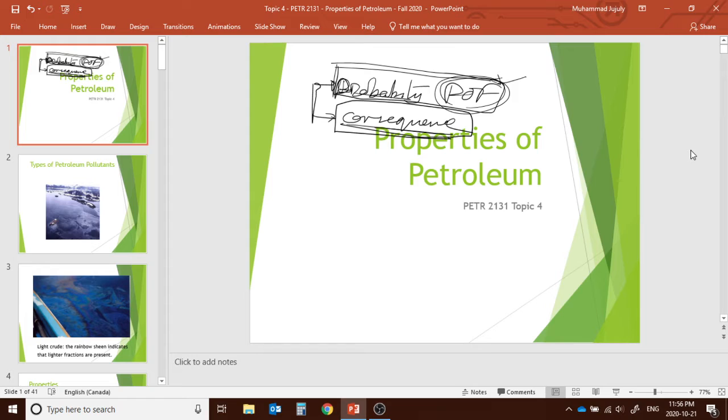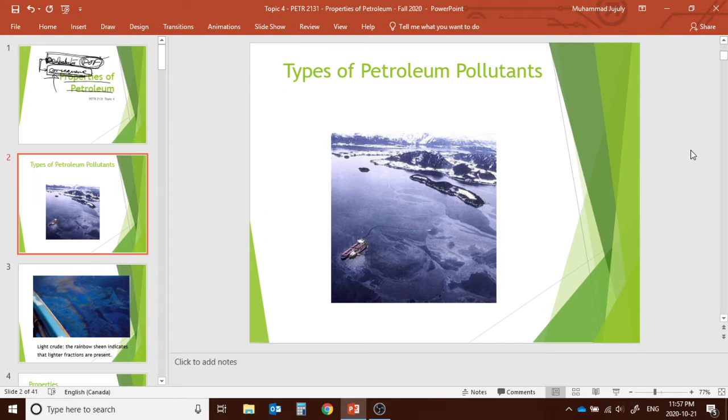But the consequence is what happens after any spillage, what would be the consequence. So these properties of the petroleum give us more idea on the consequence of the spillage of the petroleum. Let's learn more about it.